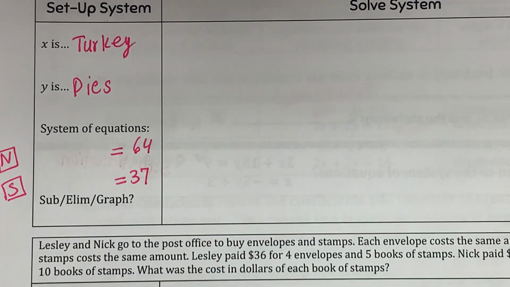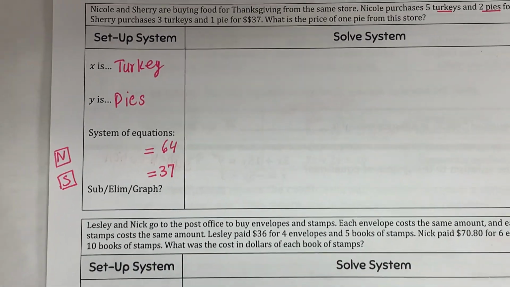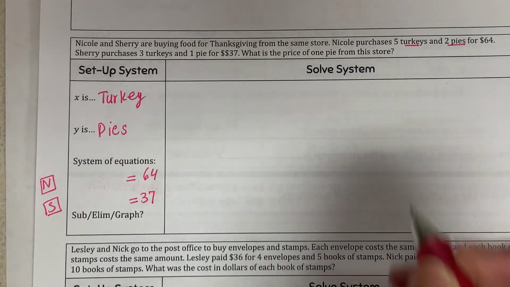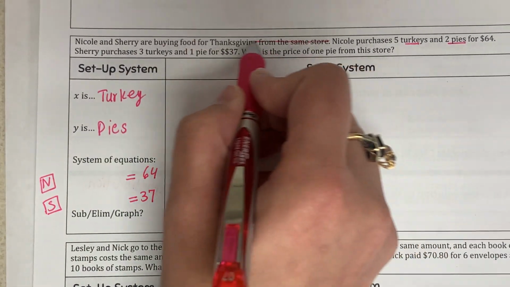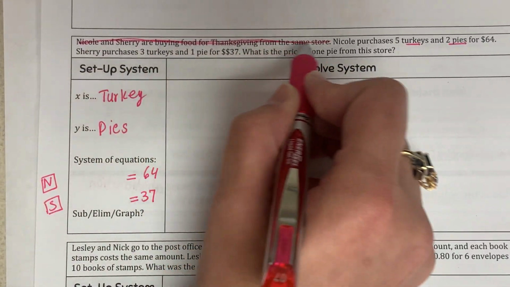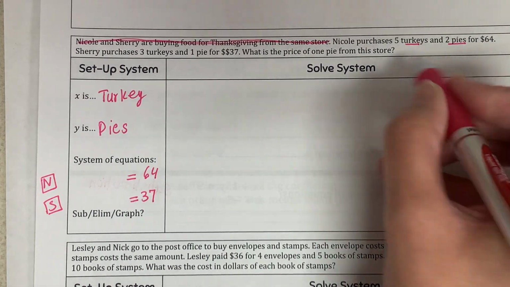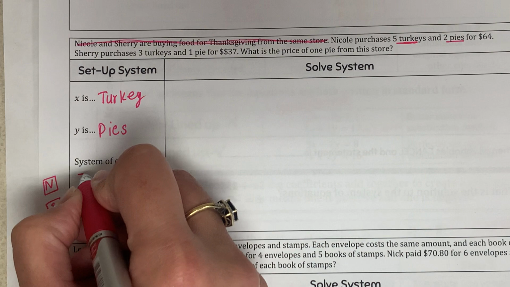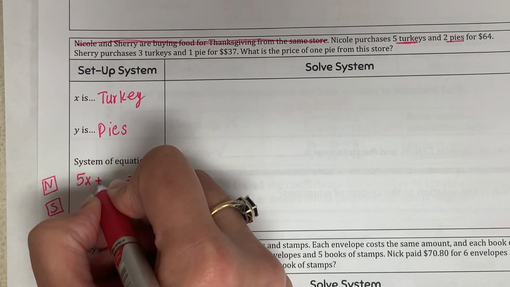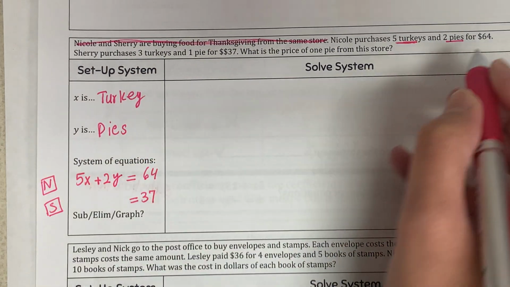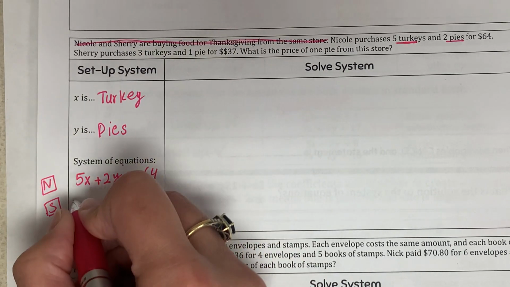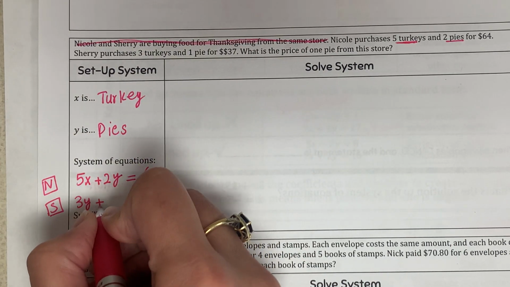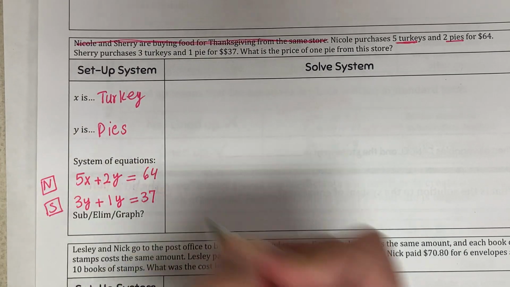Now let's go back and read the question one more time. I don't care about the first sentence because I know they went to the store and bought some things. Nicole purchases 5 turkey, so 5x plus 2y. And then Sherry purchases 3 turkey plus 1 pie.